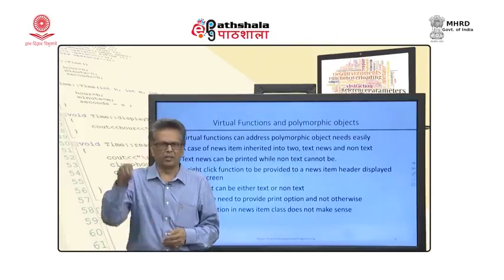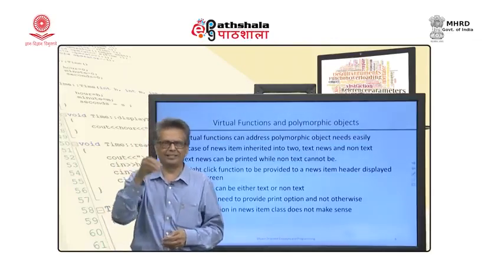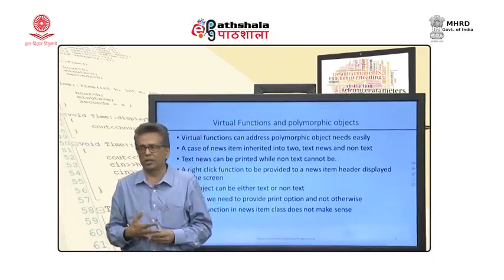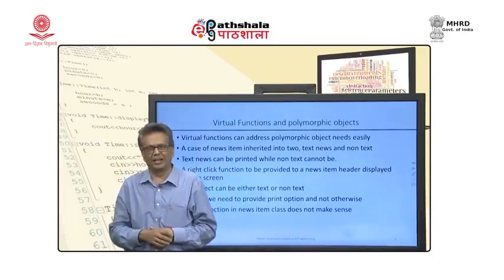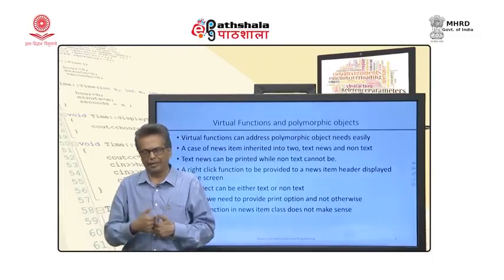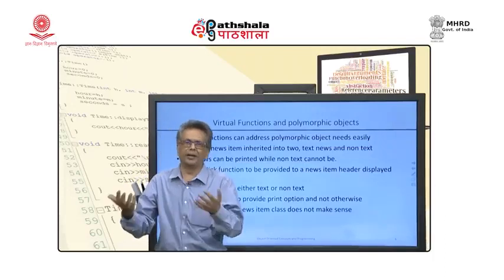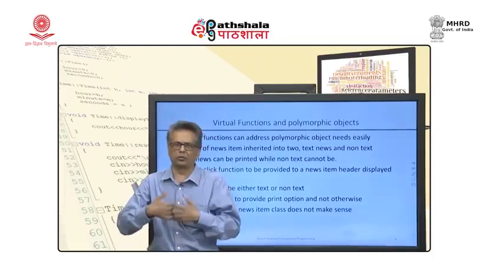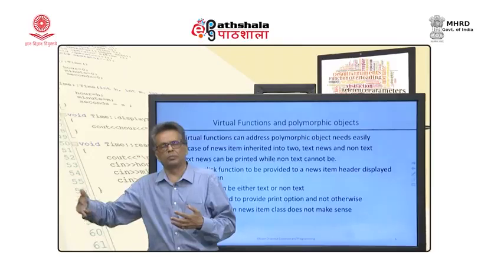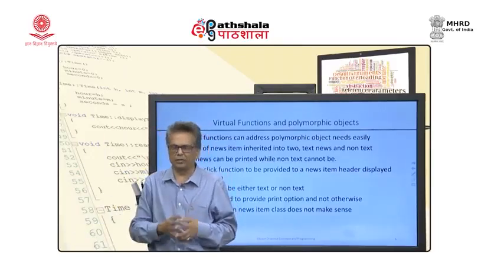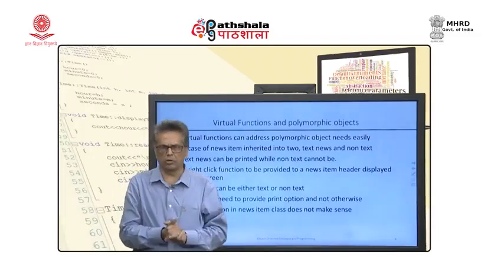Somebody looted somebody and that is displayed on the screen, and if the user wants more information about it, they will click that news item to get more detailed information, or right click on that news item to get it printed, or store that news item somewhere on the disk, or send that news item to a friend. So, there are some right click options also available.